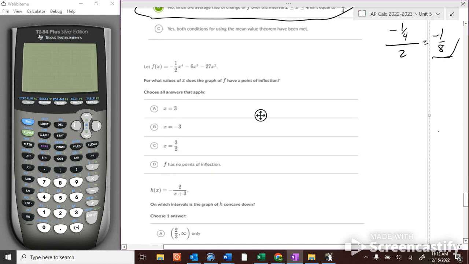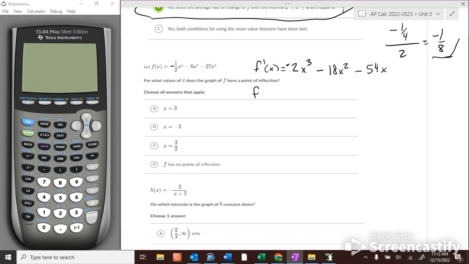Where do we have points of inflection? Well, that's where the second derivative is equal to 0. So the first derivative of this function is negative 2x cubed minus 18x squared minus 54x. The second derivative of this function is negative 6x squared minus 36x minus 54.